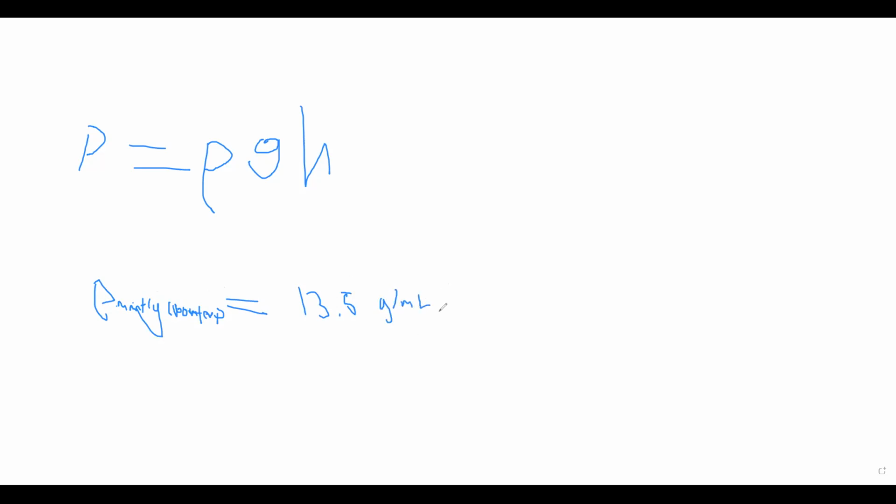Now you have to convert that to kilograms per meter cubed, so you multiply that times 1 kilogram over 1,000 grams times 1 milliliter over 1.0 times 10 to the -6 meters cubed.